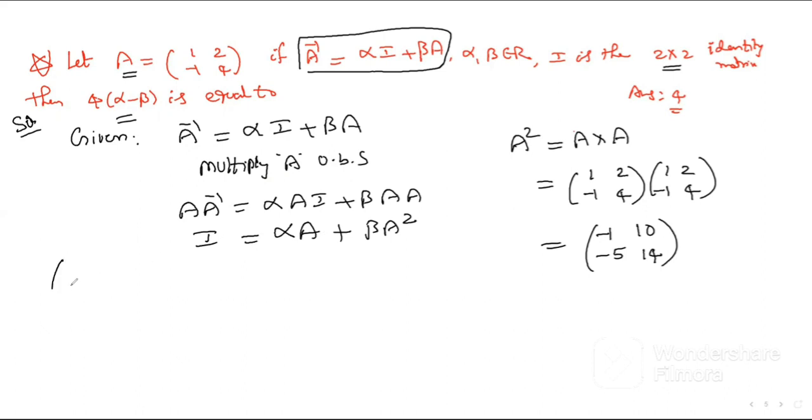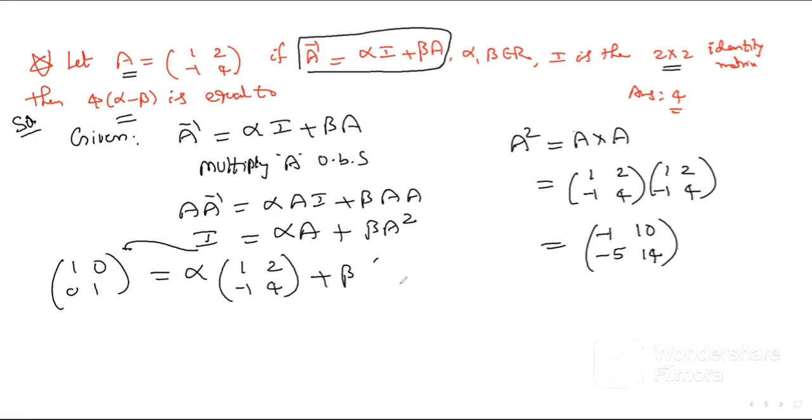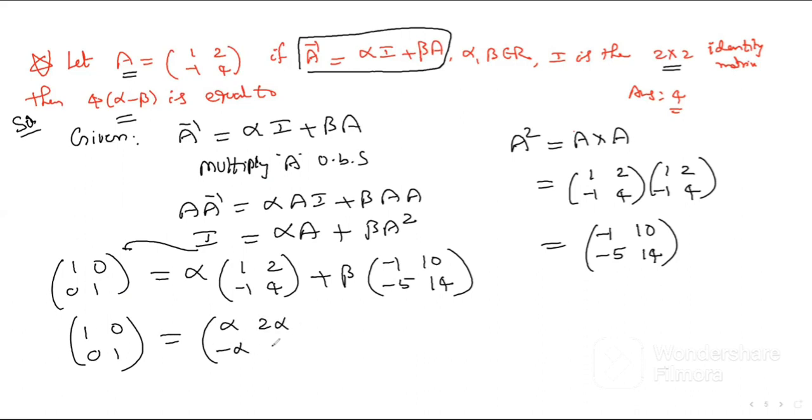Now directly substitute here: the identity matrix [1 0; 0 1] is equal to alpha times [1 2; minus 1 4] plus beta into the A square value [minus 1 10; minus 5 14]. Now [1 0; 0 1] is equal to alpha multiplied to all: alpha, 2 alpha, minus alpha, 4 alpha, as well as beta multiplied to all: minus beta, 10 beta, minus 5 beta, 14 beta.